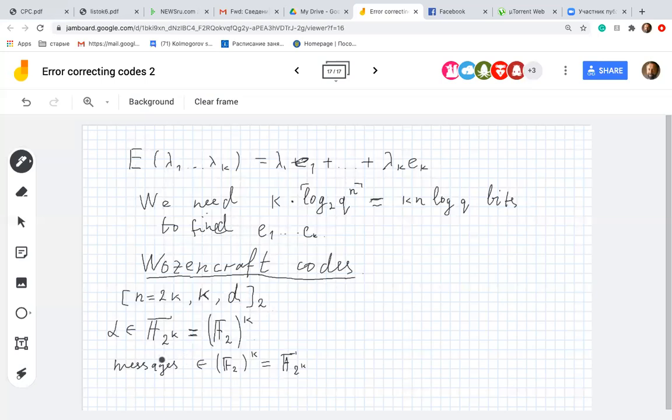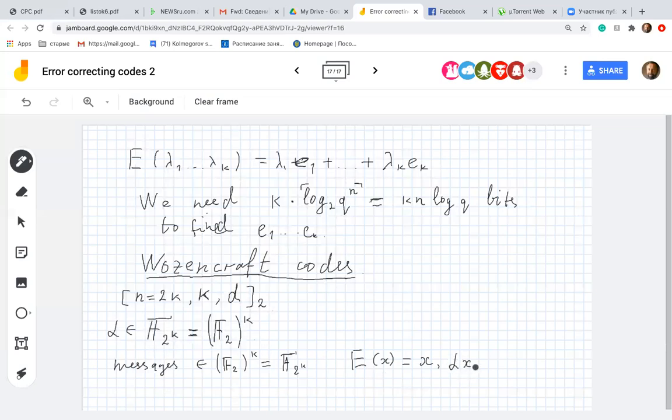So anyway, given a message, we first find the corresponding element, and the encoding of this message is the message itself concatenated with alpha times the message. So here we consider the message as an element of that field. We multiply it by alpha, which is also an element of that field.